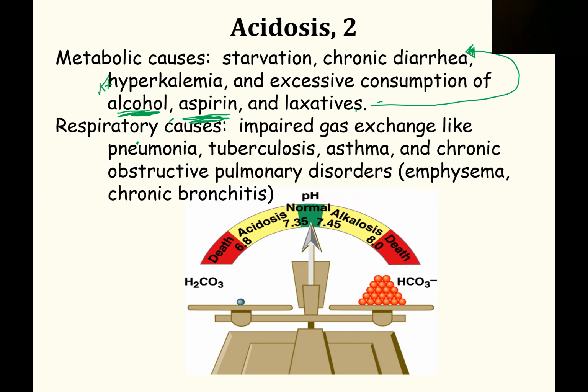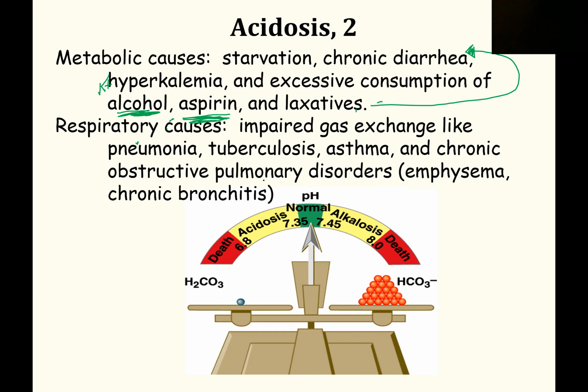Respiratory causes. Anytime you have impaired gas exchange, like pneumonia, you're not going to be breathing as much with pneumonia because you've got fluid in your alveoli. Tuberculosis, an infection that can settle in the lungs or other organs.